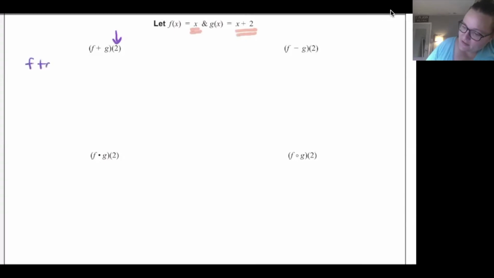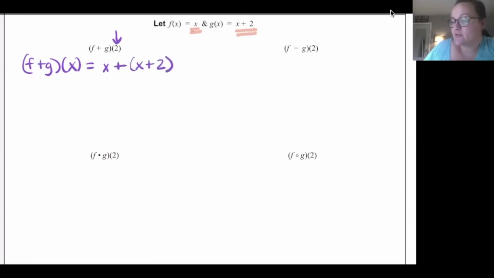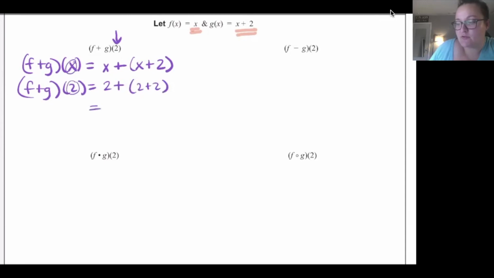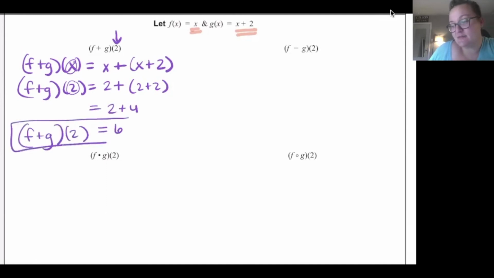So f plus g of x would look like x plus x plus 2. So f plus g of 2, we're going to replace x with 2, and we get 2 plus 2 plus 2. So 2 plus 2 is 4, 2 plus 4 is 6. So f plus g of 2 is equal to 6.